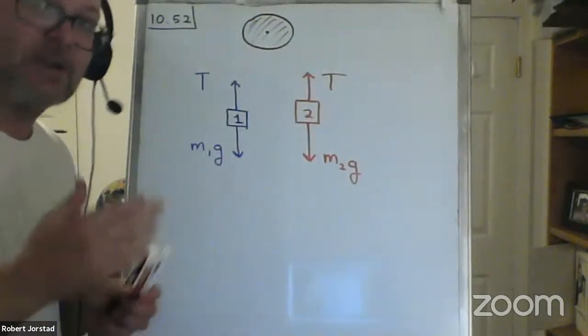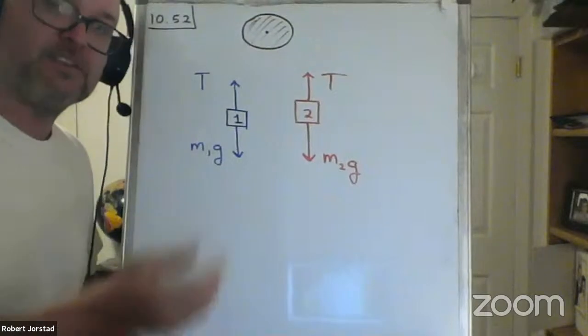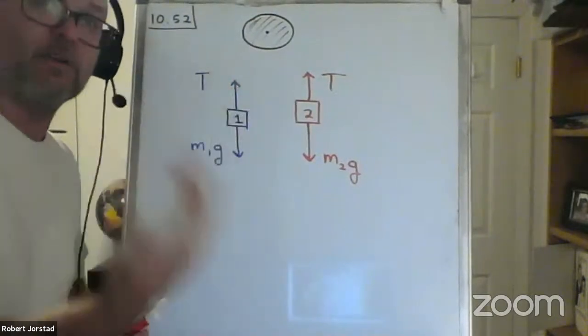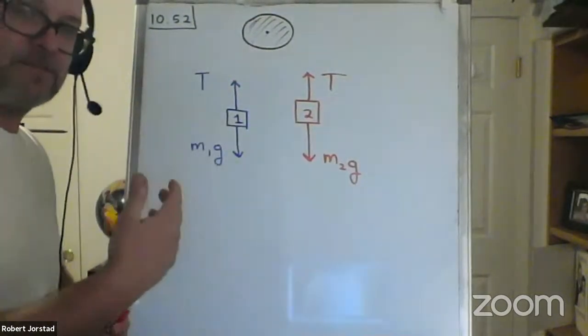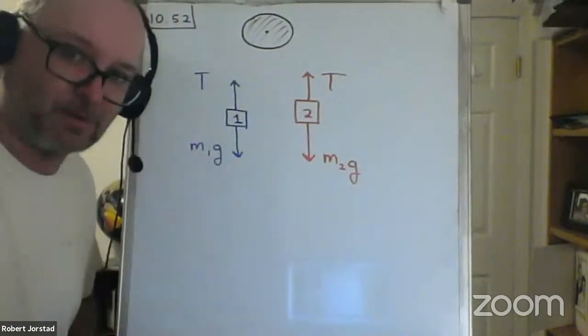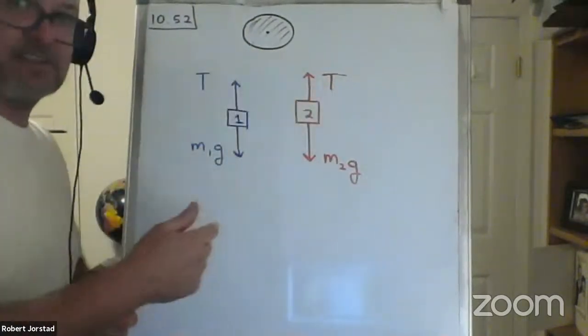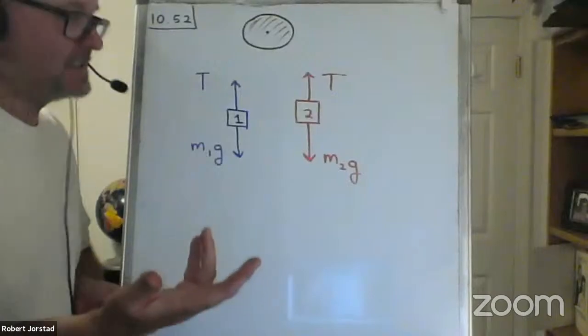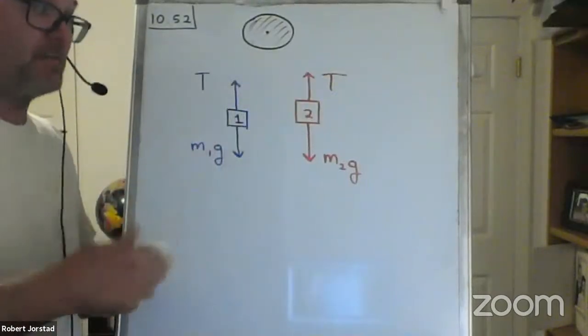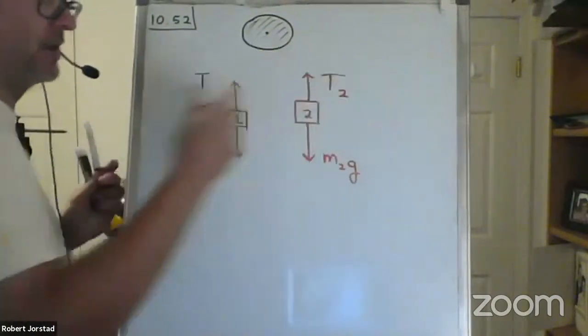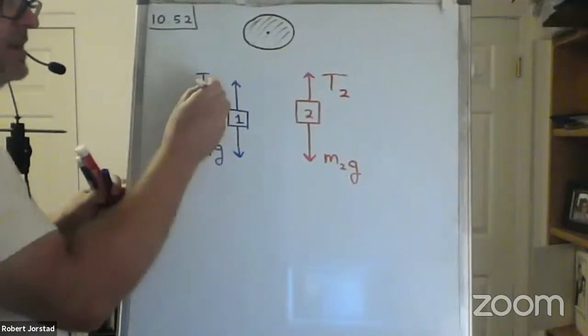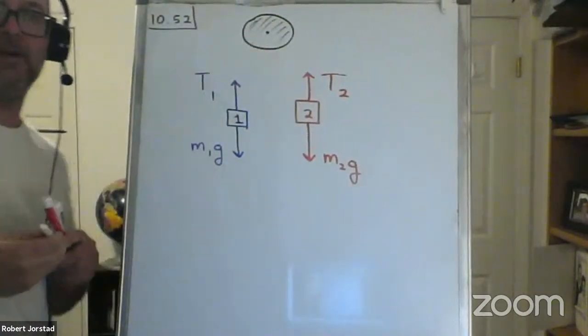And in fact, they were never the same. They were always close enough that we could ignore the difference. So in chapter 5, if the pulley has negligible mass, these two tensions are, for all intents and purposes, identical. But in reality, this one was always a little bit larger than that one. Otherwise, it wouldn't make it rotate that way.